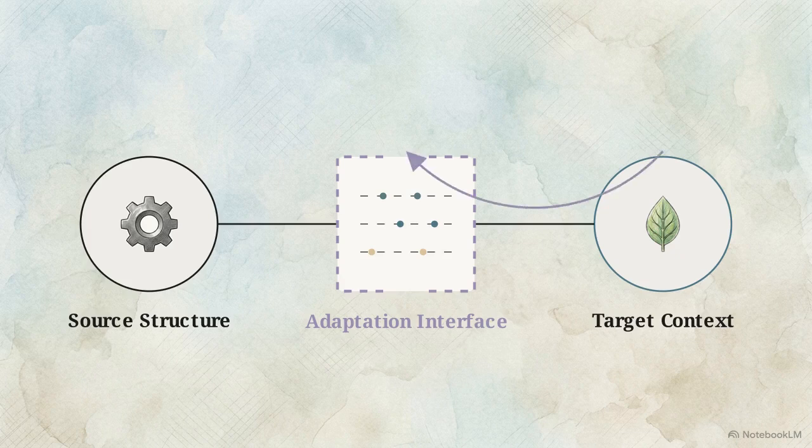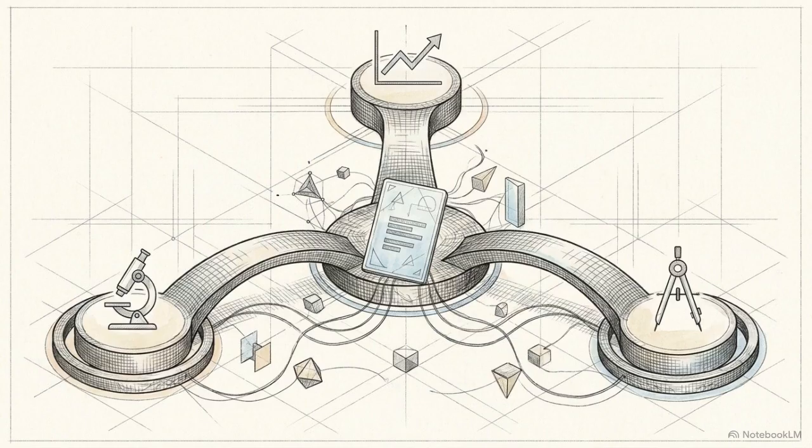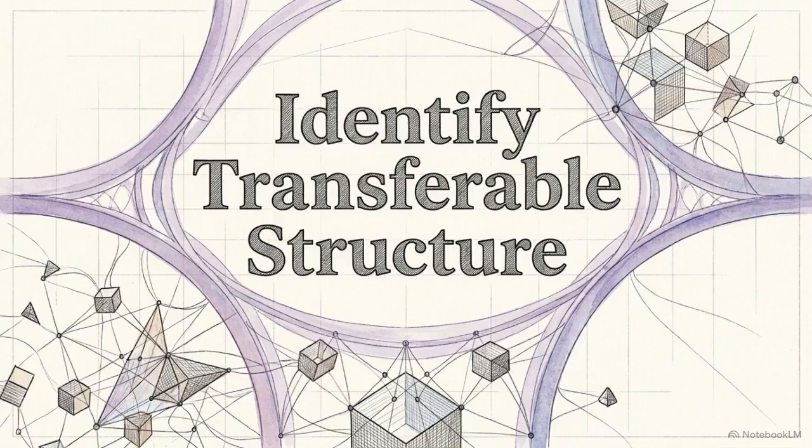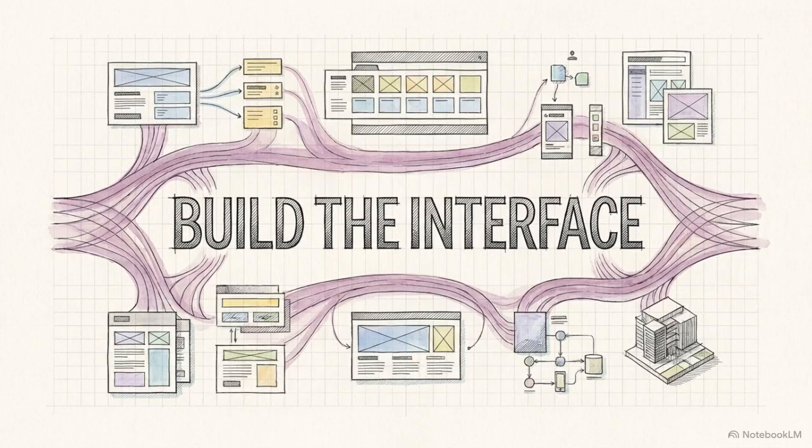Finally, you establish a feedback loop to scientifically validate if the transfer actually works. This exact sequence is how interdisciplinary thinkers successfully transfer useful AI architectures into fields like biology, design, or economics. The final practical routine requires you to ask, what structure can travel, and what interface is needed for it to work in a new context?